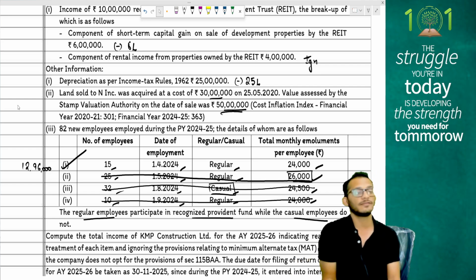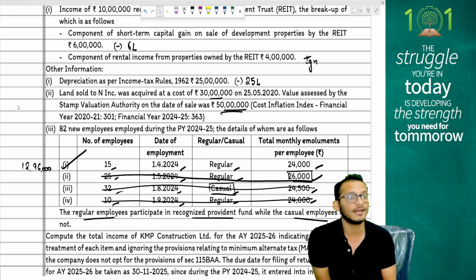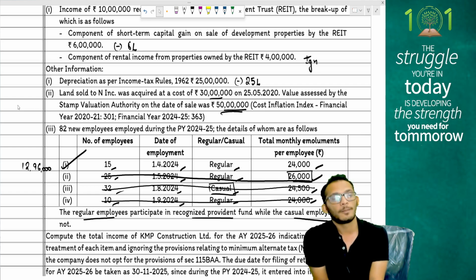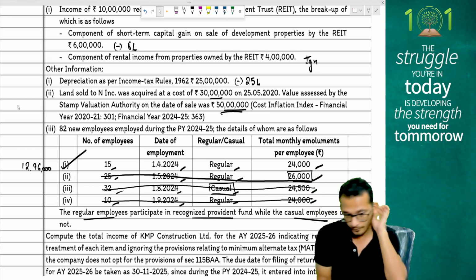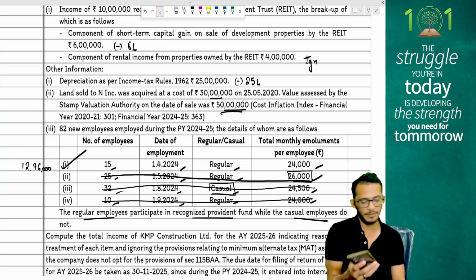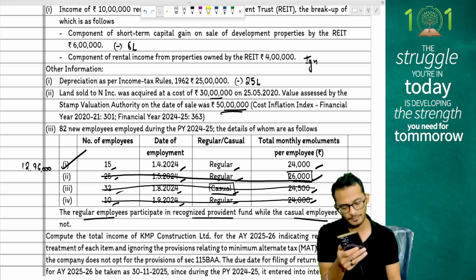Next line, actual consideration, it is 30 lakhs plus 10 lakhs.